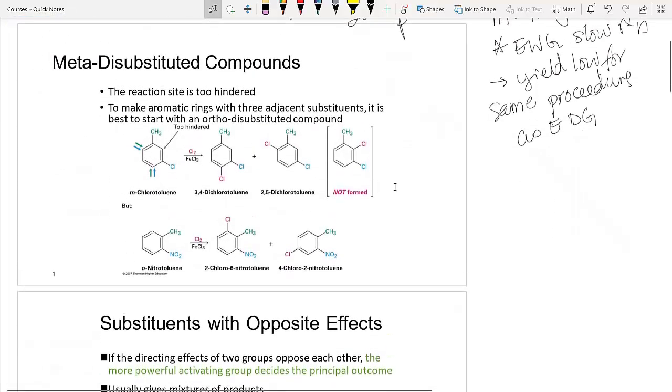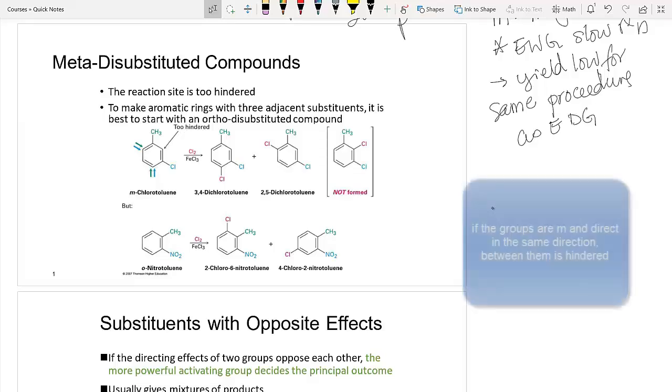Our next area of consideration is what if you have multiple substituents on the ring. There is a hindering effect that can happen if the groups are directing in a particular location. If you have a substituent that will be added based on the different groups on your ring, and one possibility is between those groups, then it's technically too hindered.